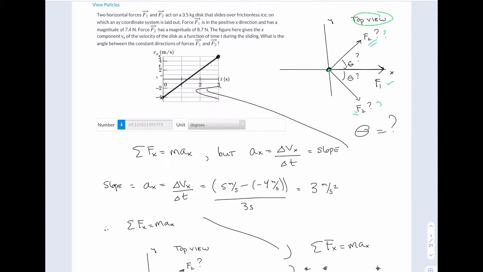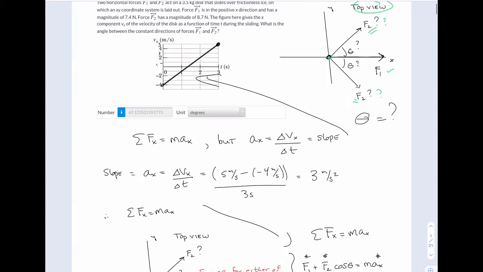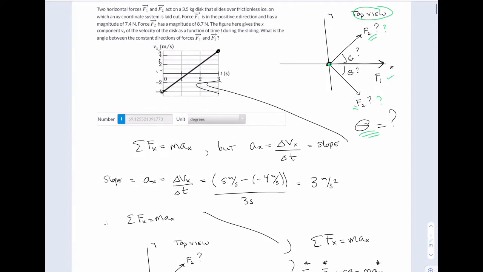So to find that, I drew my coordinate system. I want to find the angle. From the graph, this is velocity in the x direction versus time. You know from, I think, our first lab, the lab with the dots, that if you have a graph of velocity versus time, the slope of that graph is the acceleration.